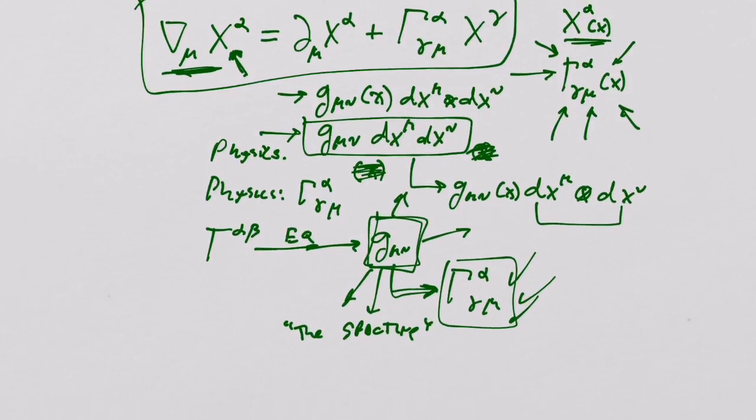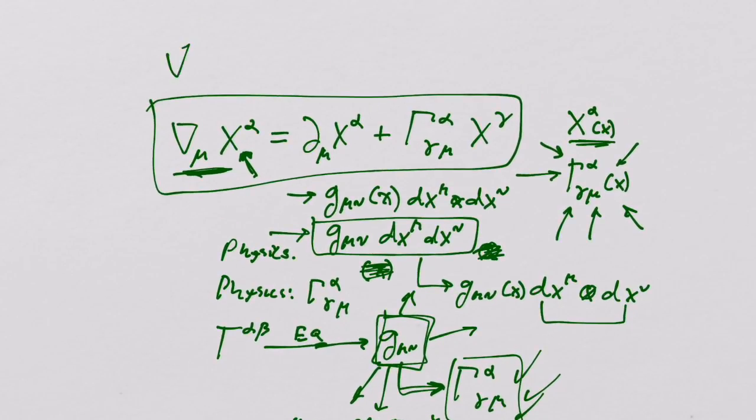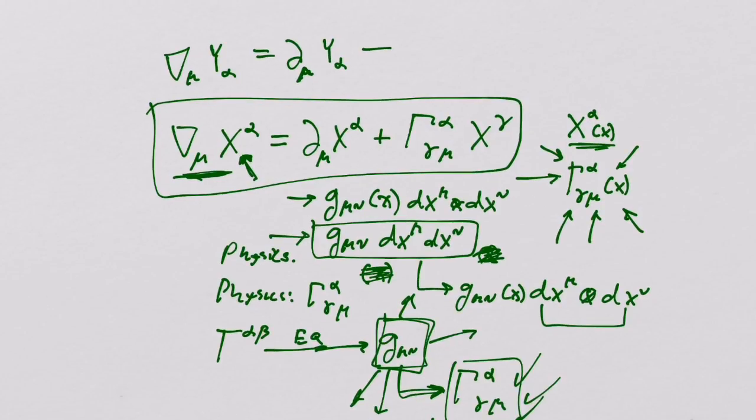covectors. In that case, we will write del_mu Y_alpha equals the partial derivative of Y_alpha. But now we get a minus sign, and then we have a Y_gamma, which sums on gamma, and then we have the same arrangement as before.